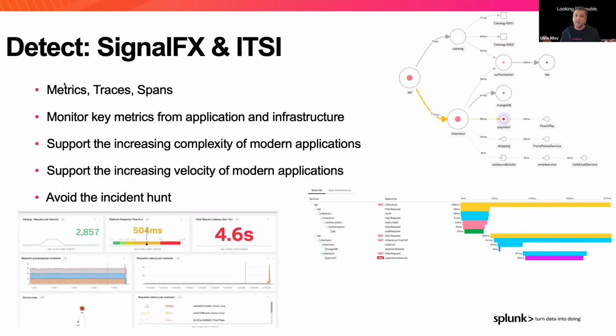So we can open these up and we can start to see our standard metrics associated with them. This is specifically designed for Kubernetes, but if you're familiar with ITSI, you have the similar slice and dice.